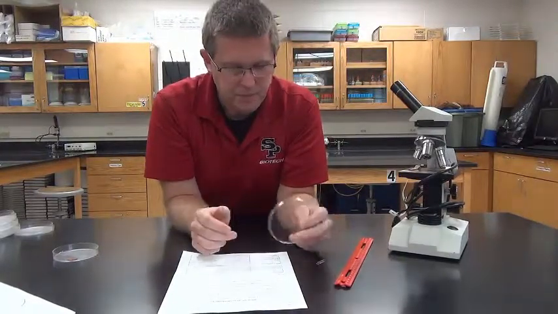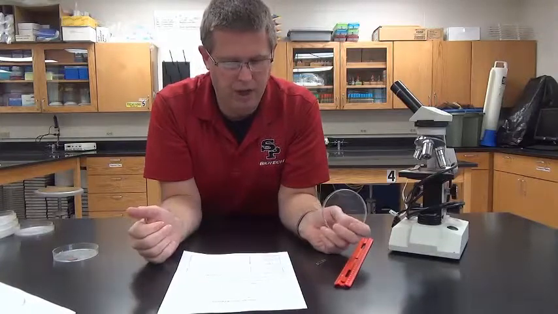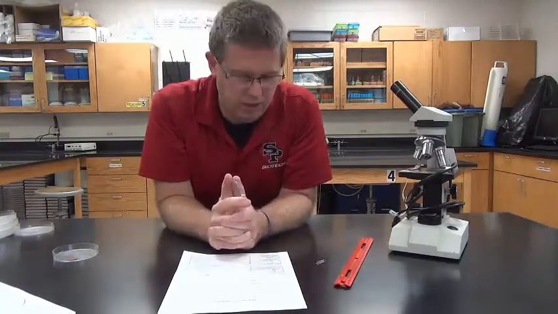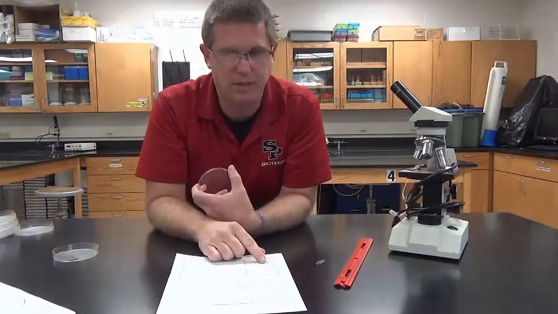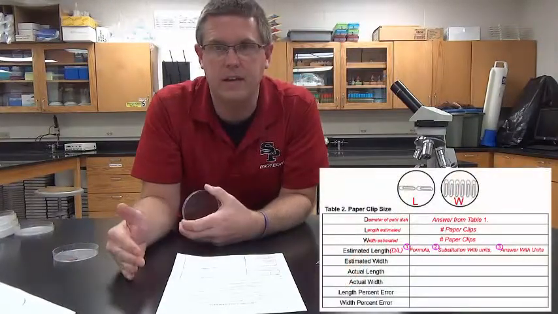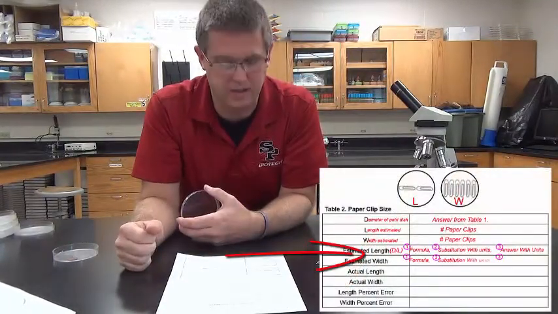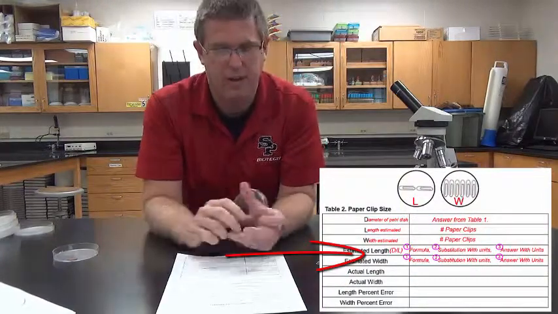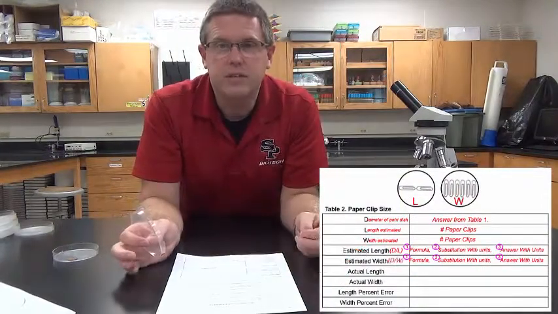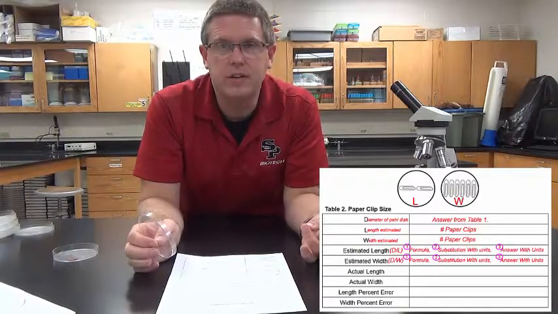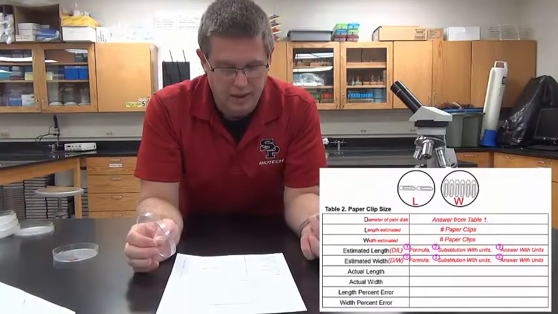Then I go through and do estimated length and estimated width. Before it was D divided by N. This time it's D divided by L for my estimated length, and D divided by W for my estimated width. Show the 3 steps: formula, substitute with units, answer with units.